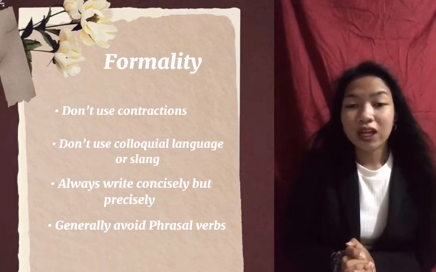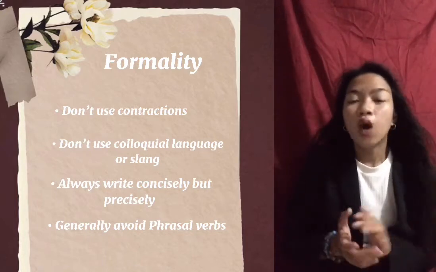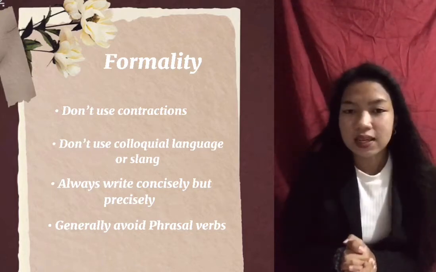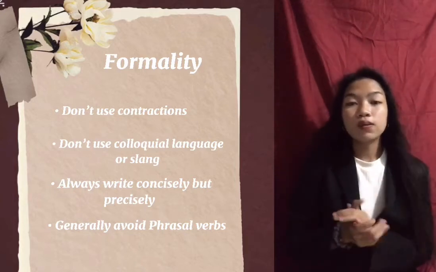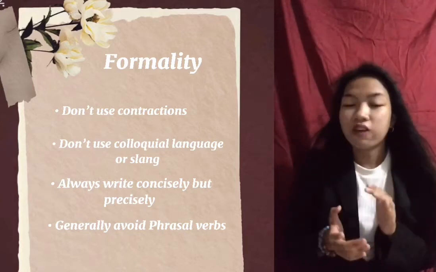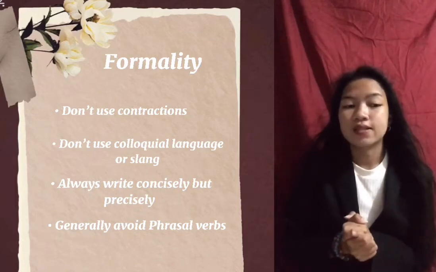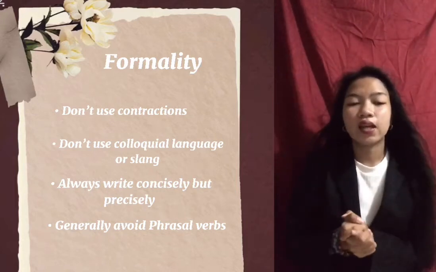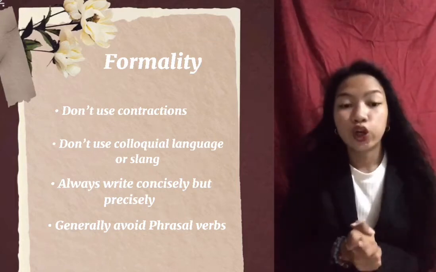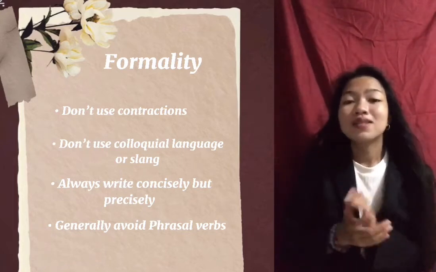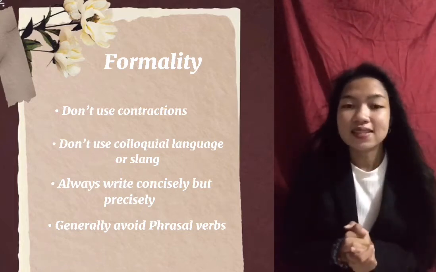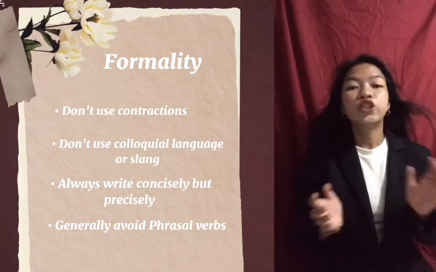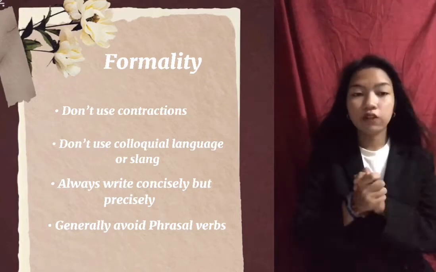Don't use colloquial language or slang, and always write as concisely as you can. So go straight to the point and avoid using slang words so that the readers can easily understand your point. Write concisely but precisely.